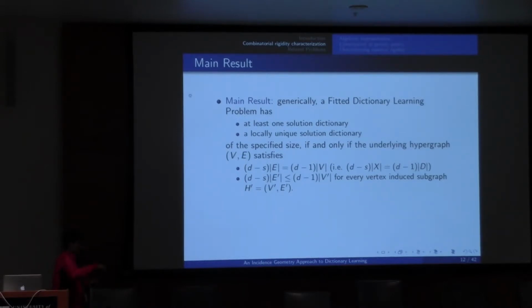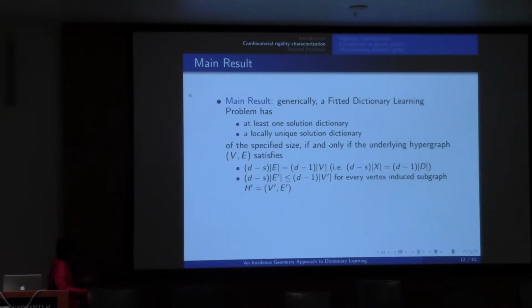Each pin, or each data point, represents a hyperedge, namely the hyperedge that involves the subset of dictionary vectors which are involved in the representation of that data point, right? So essentially the size of E is the number of data points. So this has to be true.